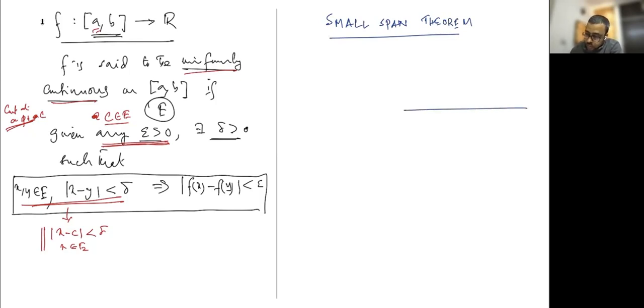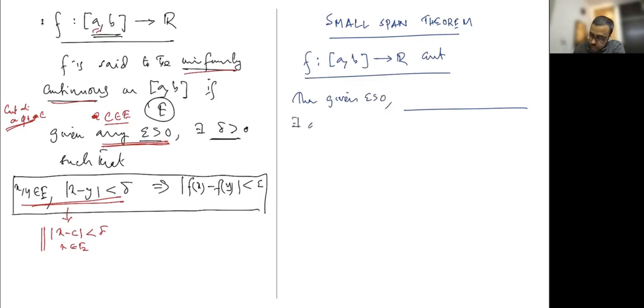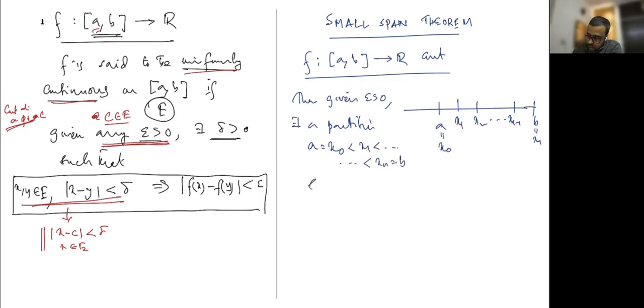That told us the following: if f is defined on a closed bounded interval and it is continuous, then given epsilon positive, there is a partition such that the oscillation over each subinterval is less than epsilon.